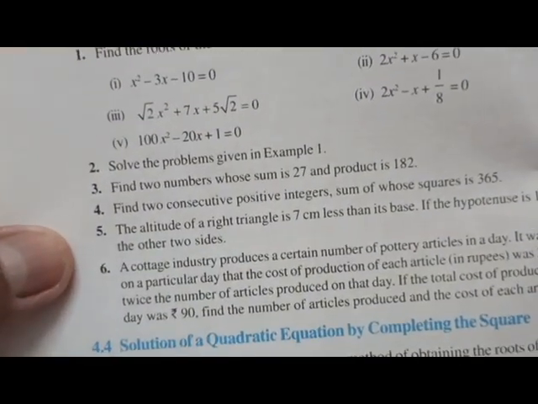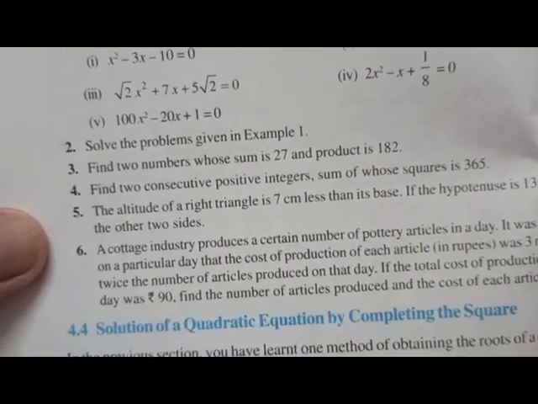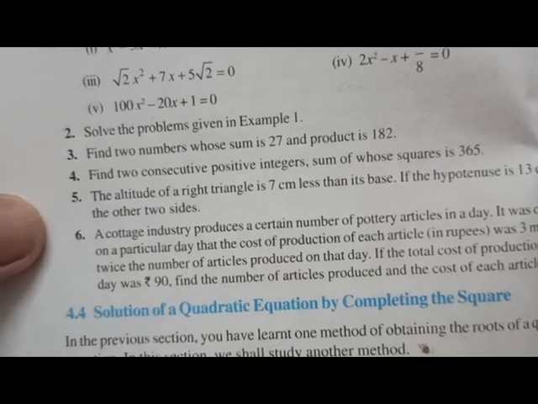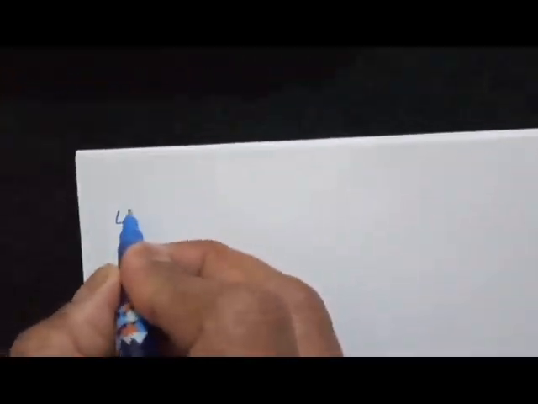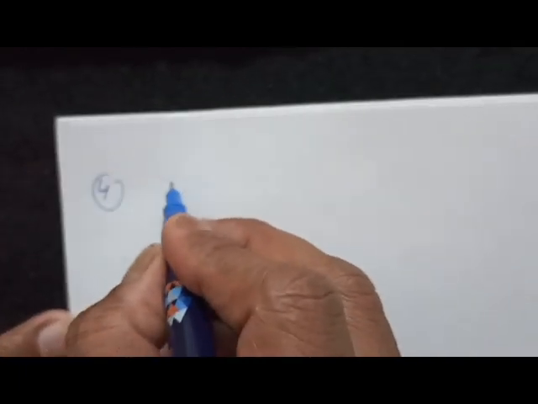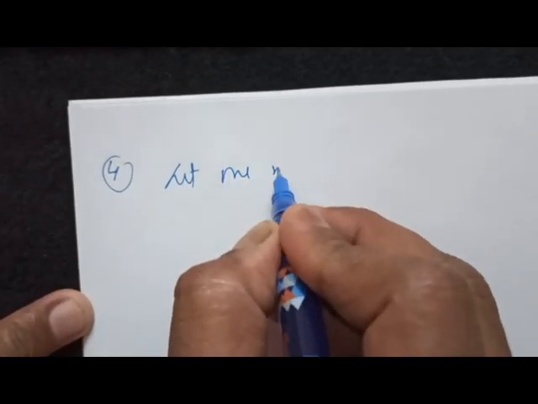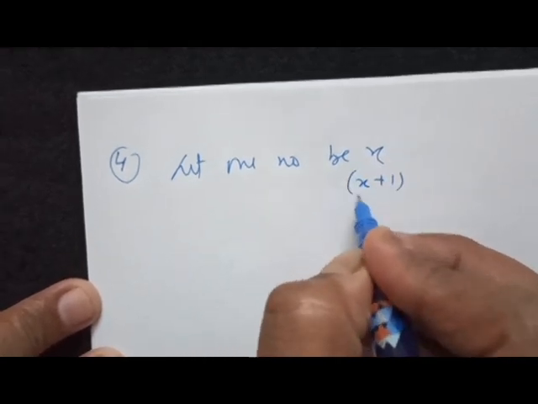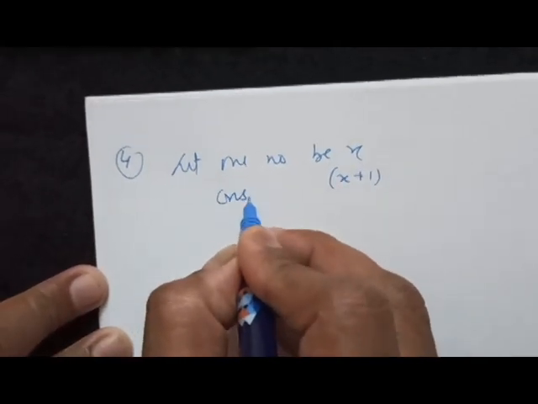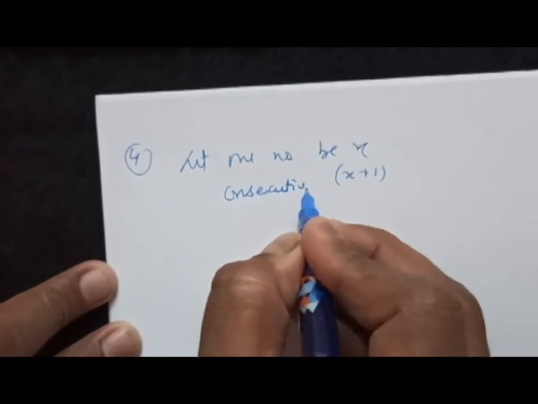Find two consecutive positive integers, sum of whose squares is 365. The difference is that here they are talking about squares. So let one number be x. So other consecutive number will be x plus 1. So we can write here consecutive number.